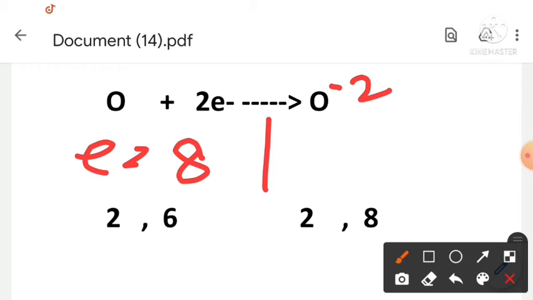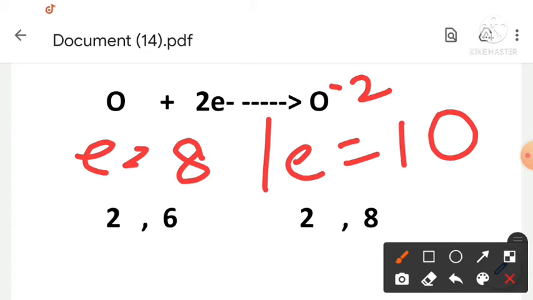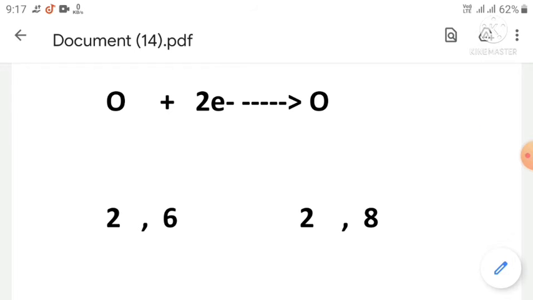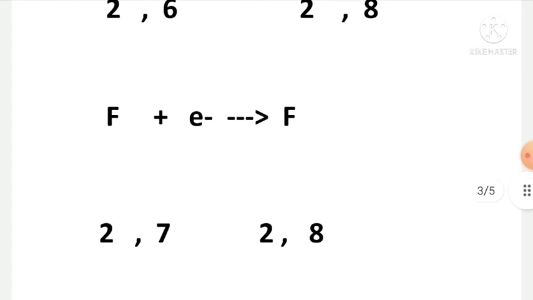So here the number of electrons is 10. In this way we derive non-metal by gaining electrons from the outermost shell of other elements. Now we see the next example.